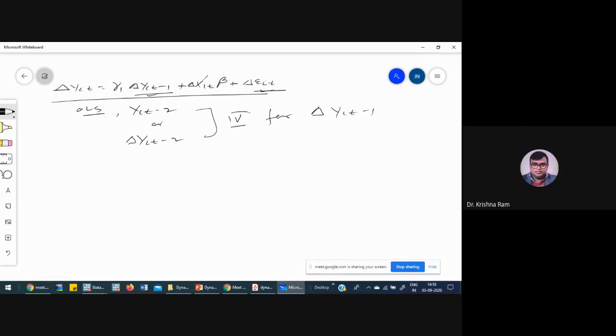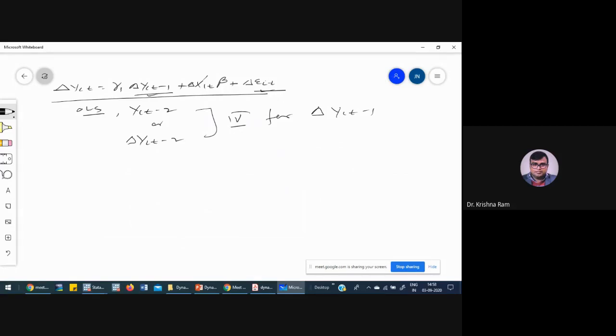The instrument variable here is y_{i,t-2}, which is the second lag of log of y. And why are we taking this? We have already discussed that in the last class.